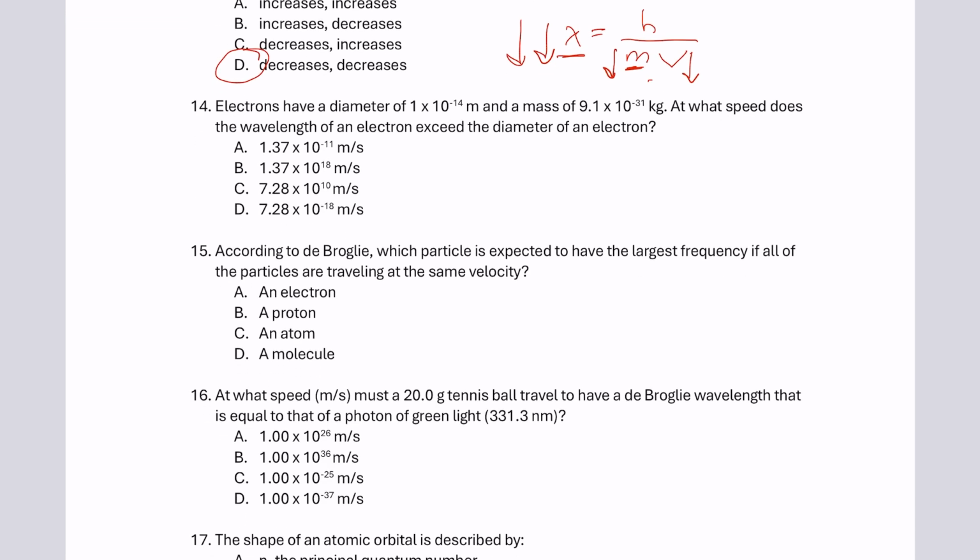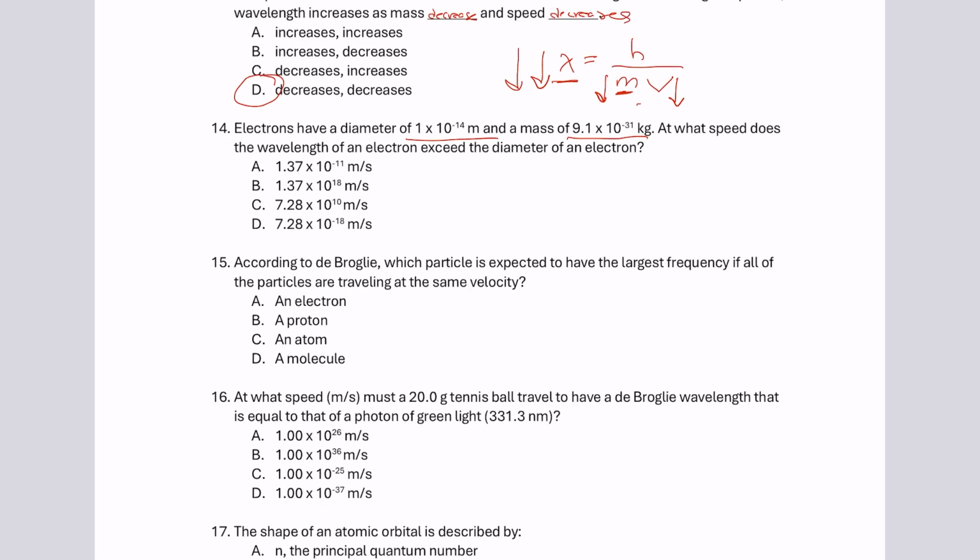Problem 14 says electrons have a diameter of 1 × 10⁻¹⁴ meters and a mass of 9.1 × 10⁻³¹ kilograms. At what speed does the wavelength of an electron exceed the diameter of an electron?